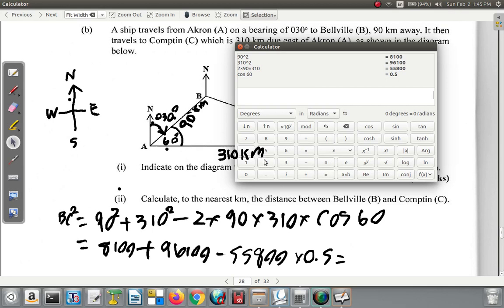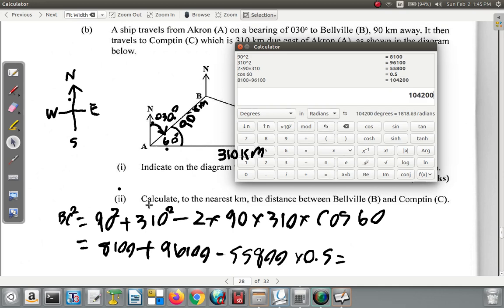So let's go to it directly. 8100 plus 96100 minus 55,800. Alright, let's just do it one at a time.